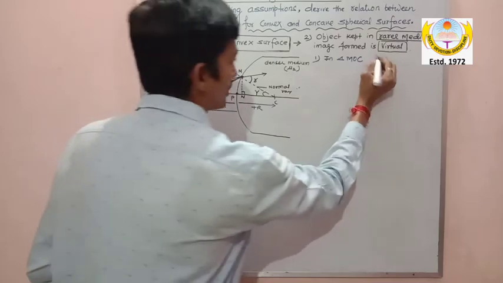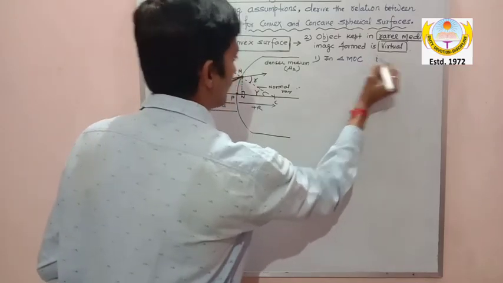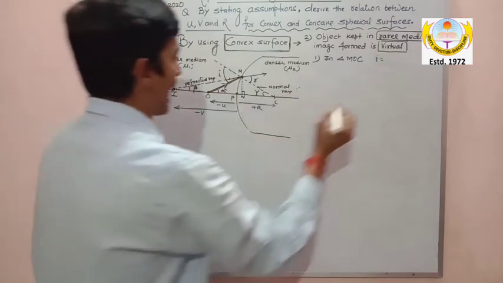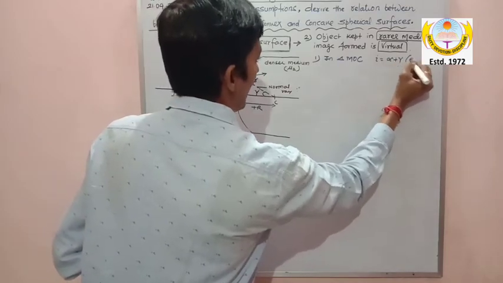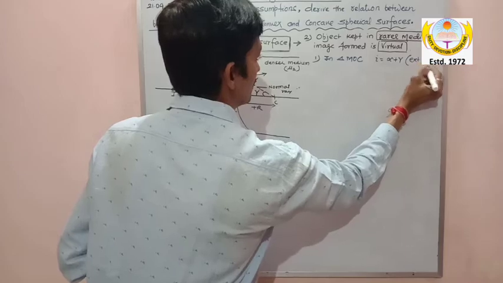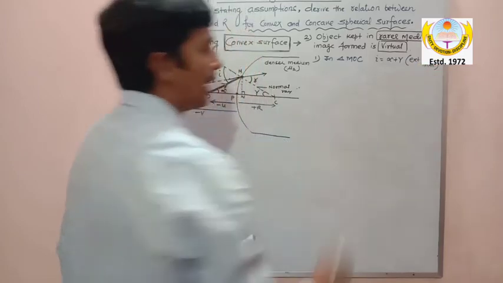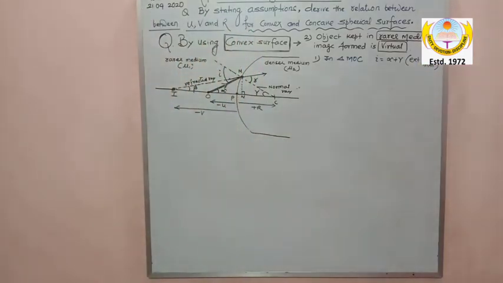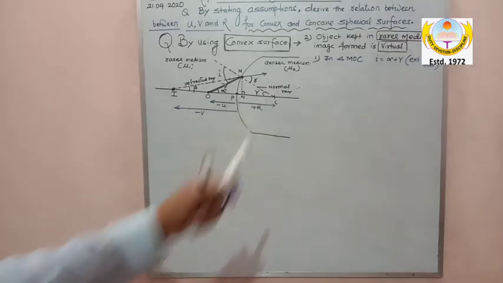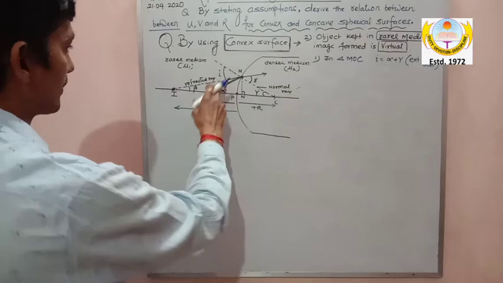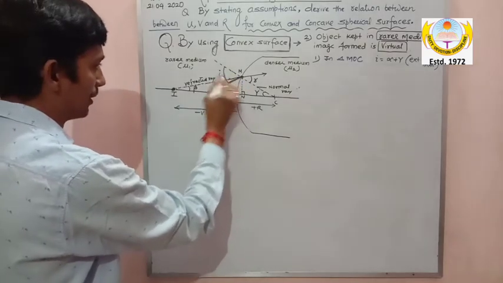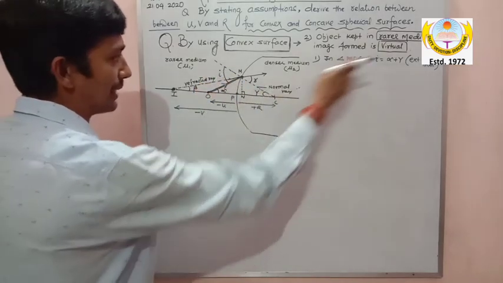So in triangle MOC, I is equal to alpha plus gamma. This is the exterior angle theorem. I is exterior, and alpha and gamma are interior.